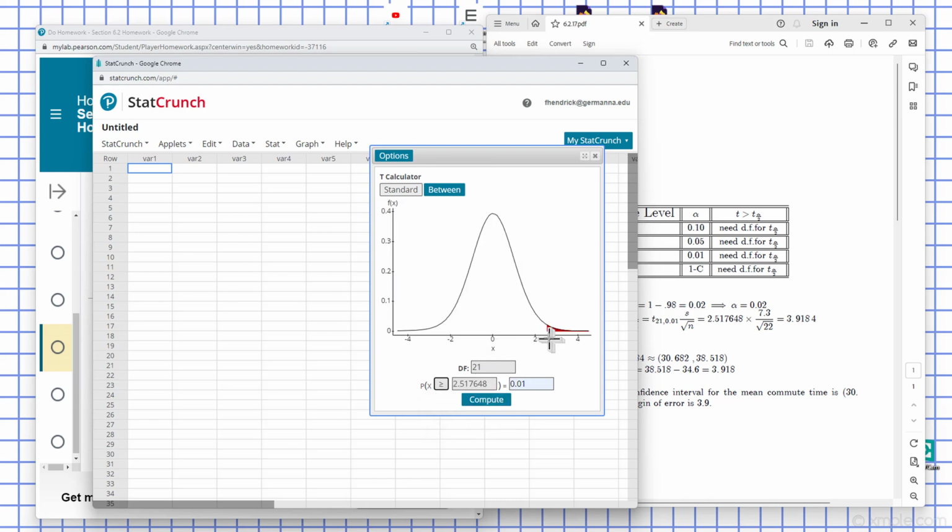And that gives me the t-score here, and that separates between the confidence interval here and the rejection region there. And there's one on the other side too for the left-hand tail. And so we put that in for our t-score.